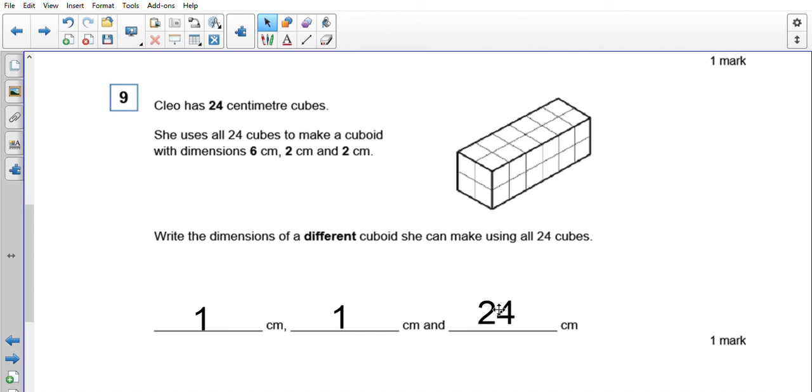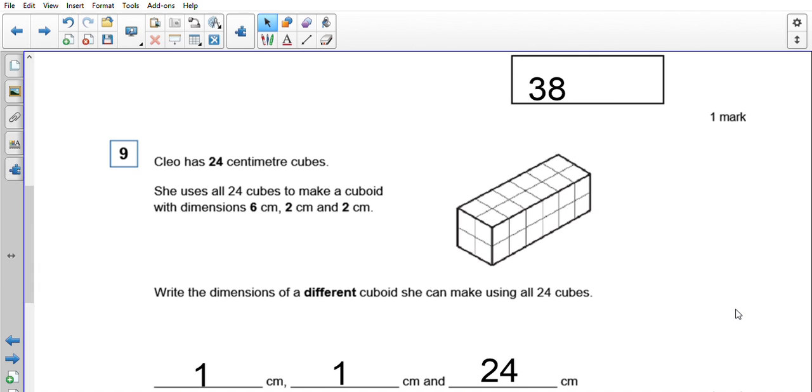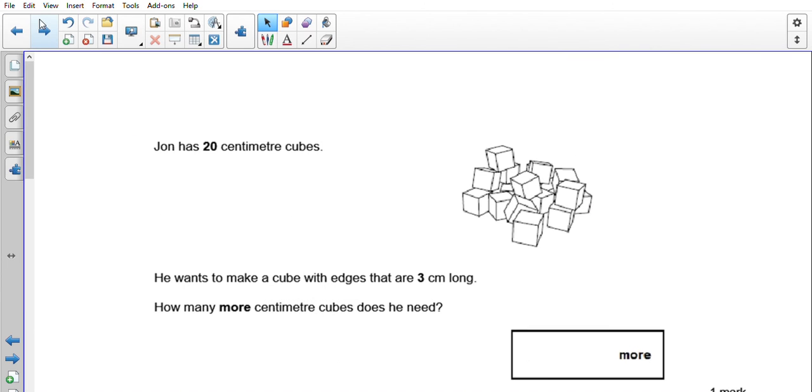It's your most straightforward one, because 1 multiplied by 1 is 1, multiplied by 24 is 24. So whatever you do for these dimensions, you have to get the answer of 24. When you get a question like this, I would always go for the most straightforward, the simplest, the easiest one, and just guarantee those marks with your answer.